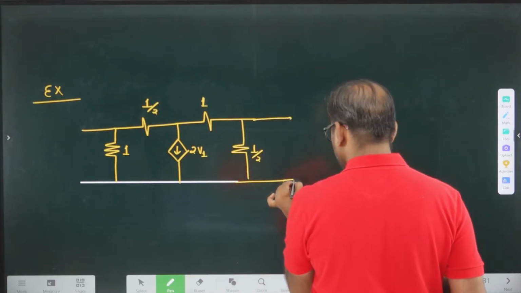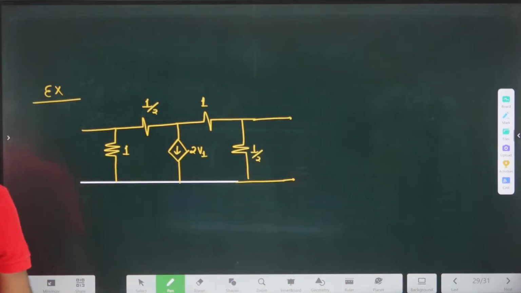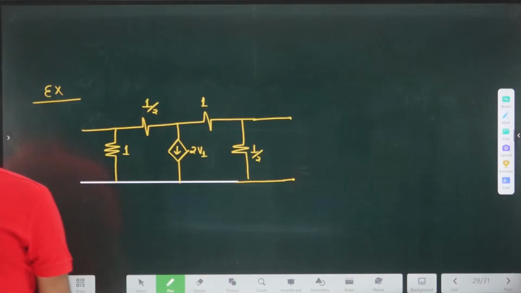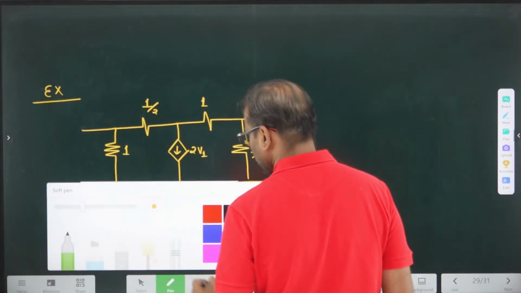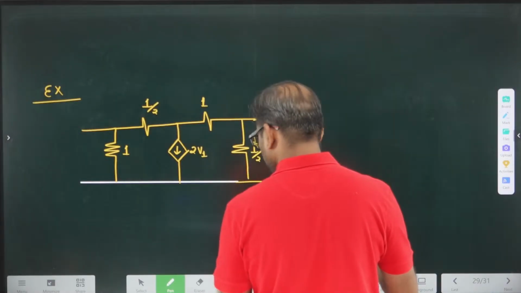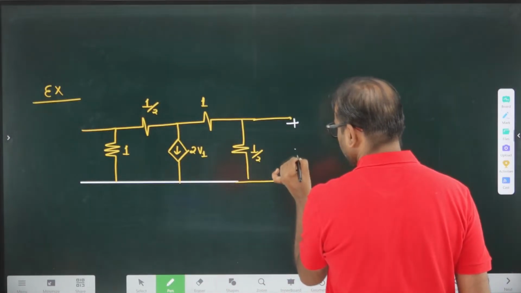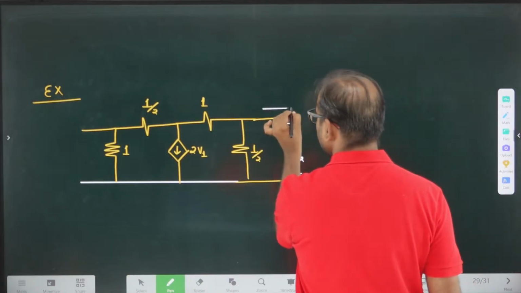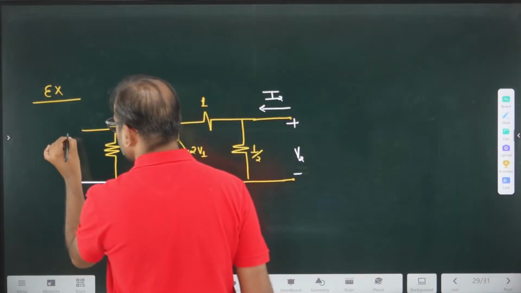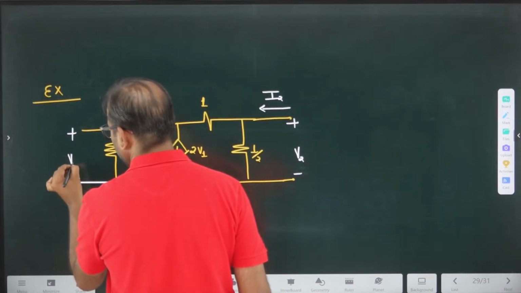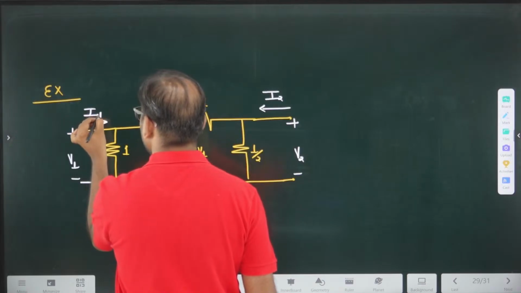For this network, we are interested in Y parameters. So let me call this value V2, this value I2, this value V1, and this value I1.